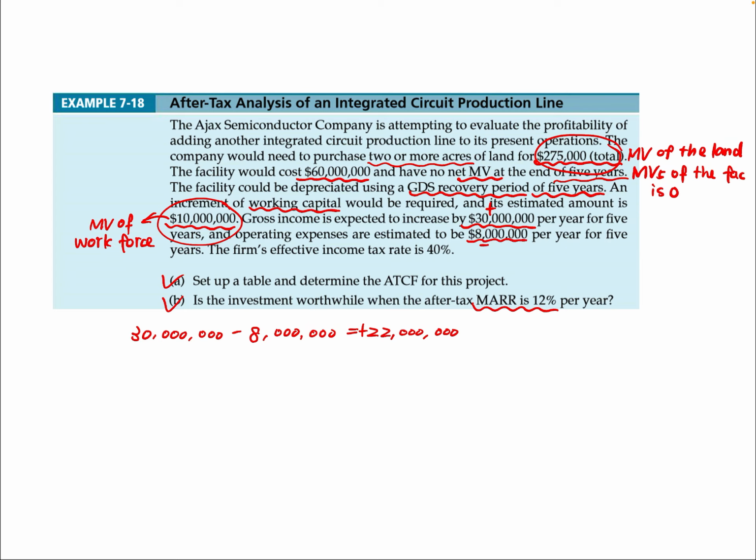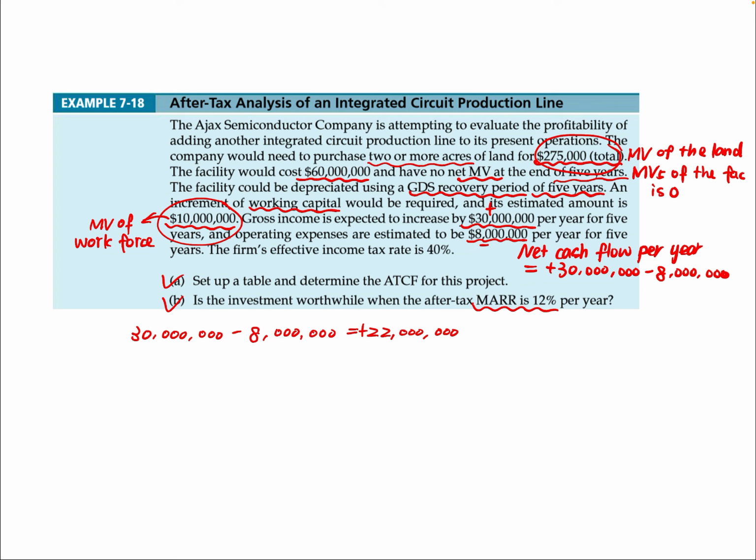So your net cash flow every year is going to be your positive 30 million minus 8 million, like income minus your expenses.